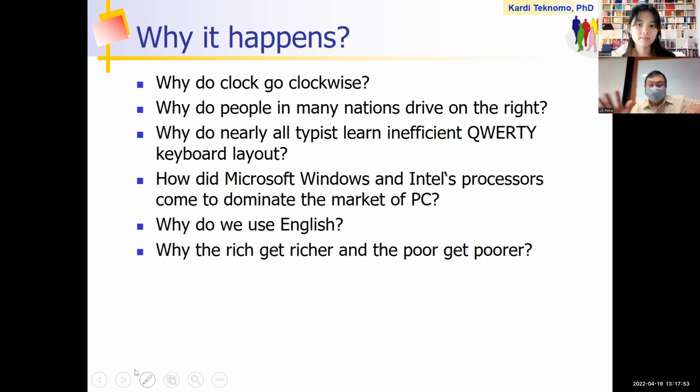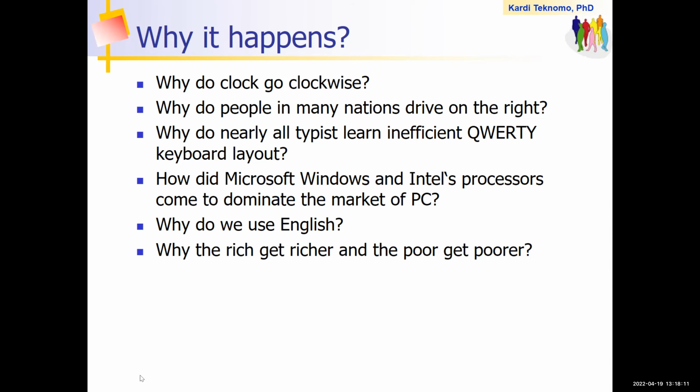So the next question now, those are the examples, right? Why does it happen? Why does the clock go clockwise? Why do people in many nations drive on the right side? Why do people use the QWERTY keyboard layout, even though it is inefficient? Why do Microsoft Windows and Intel processors dominate the PC market?